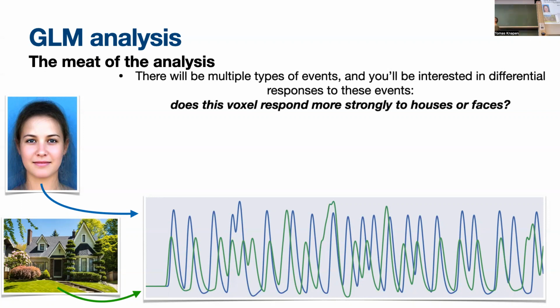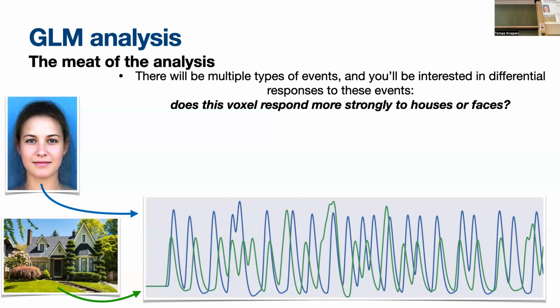It's important to realize here we have two different types of events. So what this means is that we have two different types of predicted responses, of expected responses. So we have this blue one, right? All of these blue things reflect the signal that I expect to see in response to me showing a face.